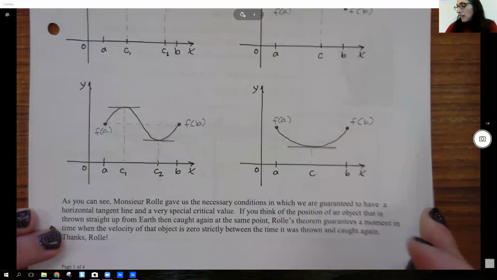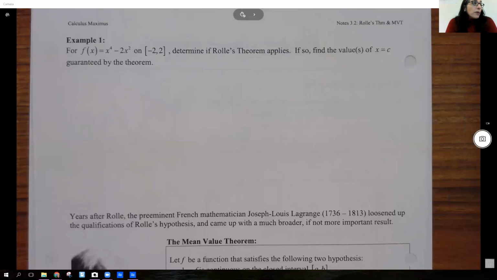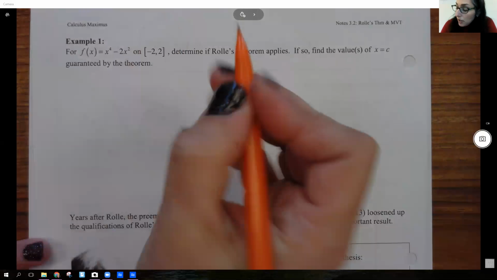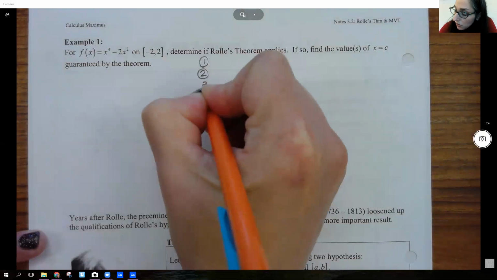All righty. Okay, let's flip over to the next page. So now we're going to apply Rolle's theorem algebraically. So you have this function f of x equals x to the 4th minus 2x squared. We're on a closed interval from -2 to 2, and we need to determine first if Rolle's theorem applies. So to do that, you have a checklist, 1, 2, 3.